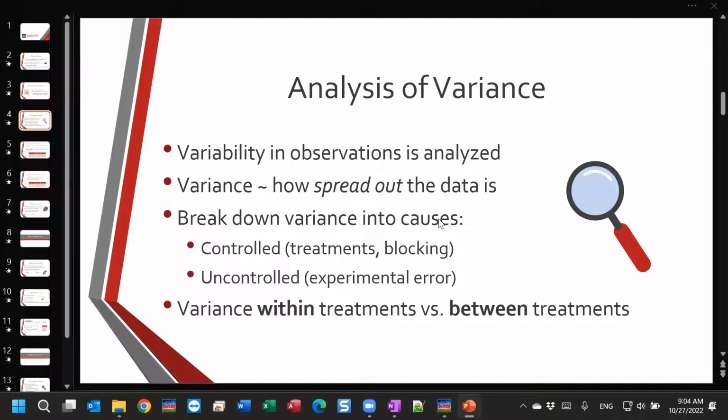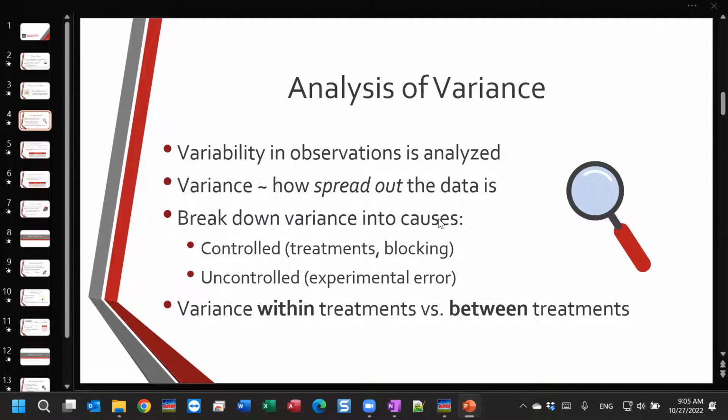And so to recap what the analysis of variance is, that's the analysis that we're running within ARM when we want to look at the results of our assessments. The goal is that we're looking at the variability in your observations.